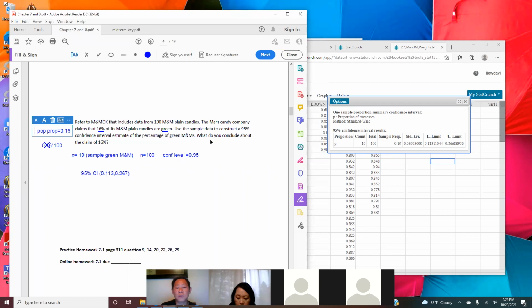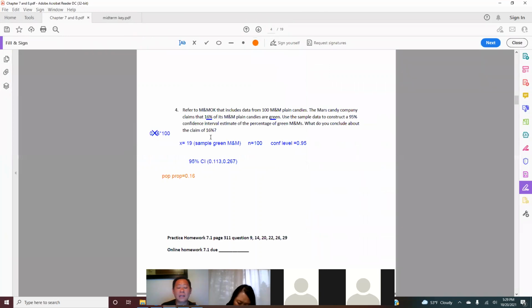Now we will use this 16%, because the question is asking, what can you conclude about this claim of 16%? Is this 16% inside or outside this range? It is in the interval. So is the claim valid or invalid?